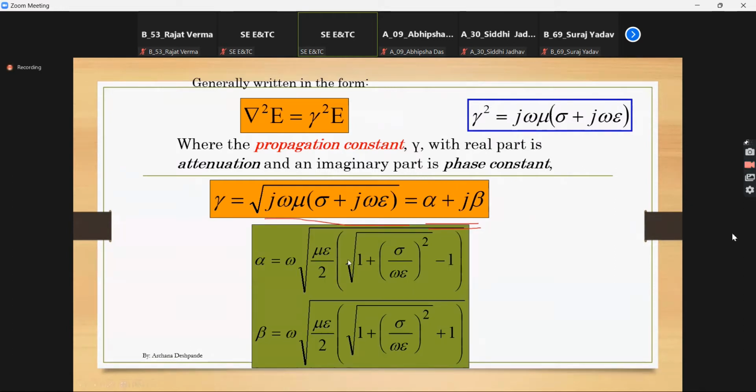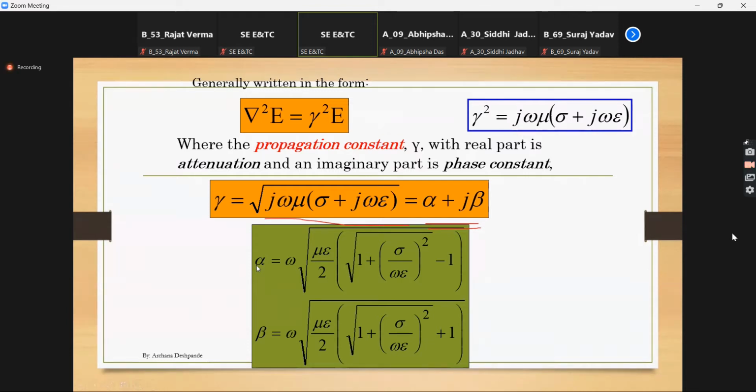So if one knows the frequency of the EM wave and the properties of the medium, then one can understand how much attenuation is going to happen when the EM wave propagates in that medium, and how much phase change is going to happen.